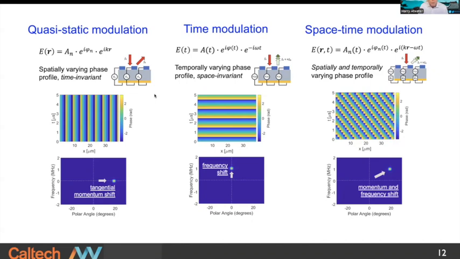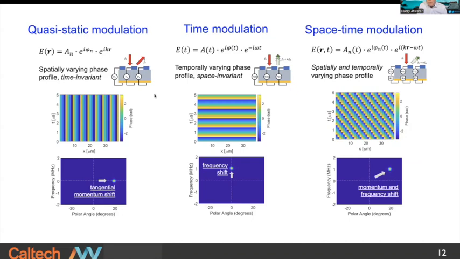It's a tangential momentum shift. Now, let's instead imagine that we had a metasurface and we did not produce any spatial phase gradient. This phase is identical at every pixel in the spatial domain, but we now produce a time-varying waveform that produces a frequency shift that's discernible from the carrier optical frequency wave. So that produces a frequency shift at the same angle.